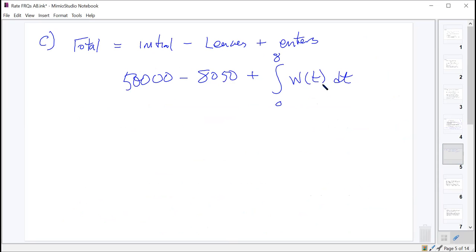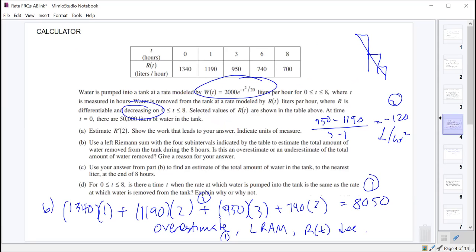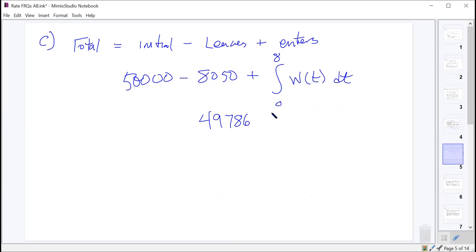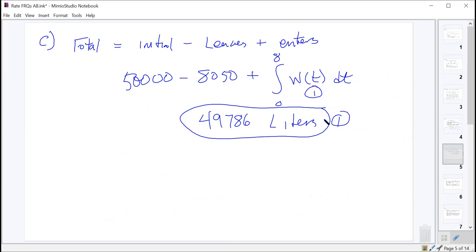And that should have come out to be 49,786 liters. And I think it must have said, yeah, to the nearest liter. Everybody good there? 1 point for the integral, 1 point for the answer. Everyone good there?